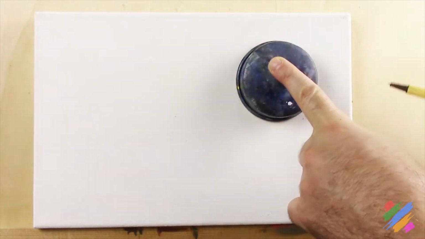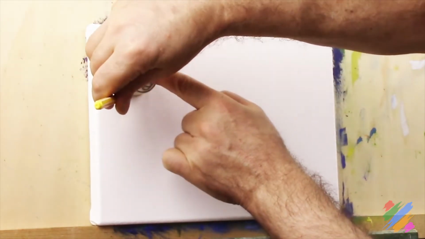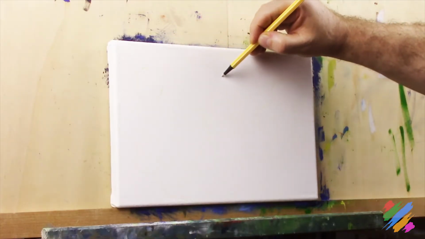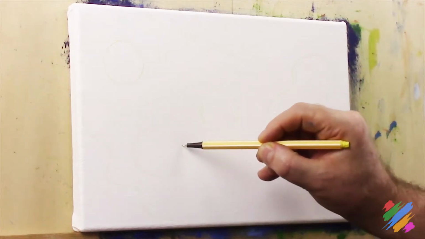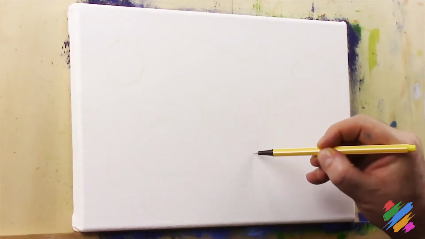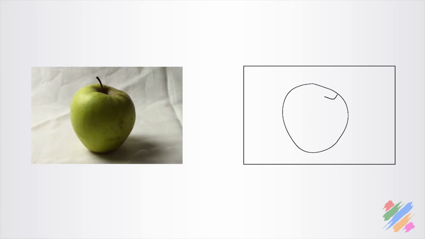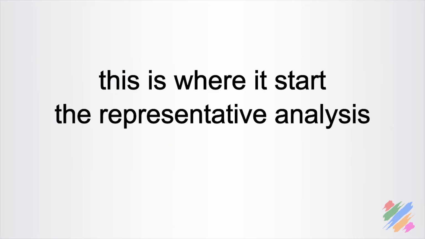Now, as always, we're going to start with a sketch. This time, it's going to be more difficult because we are not free to draw what we want anymore, but we have to make a sketch that somehow is going to help us making our painting. And this is where the representative analysis starts.